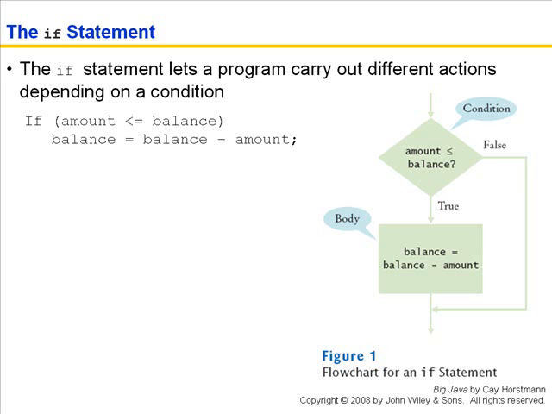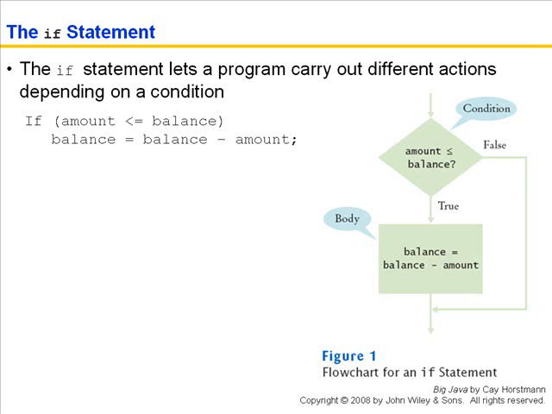We can see that pictorially in a flow chart on the right-hand side of the slides. The diamond in the flow chart is how you represent a condition. A condition is something that can either be true or false. There's no other values that it can be. So, a computer will test, is the amount less than or equal to the balance?